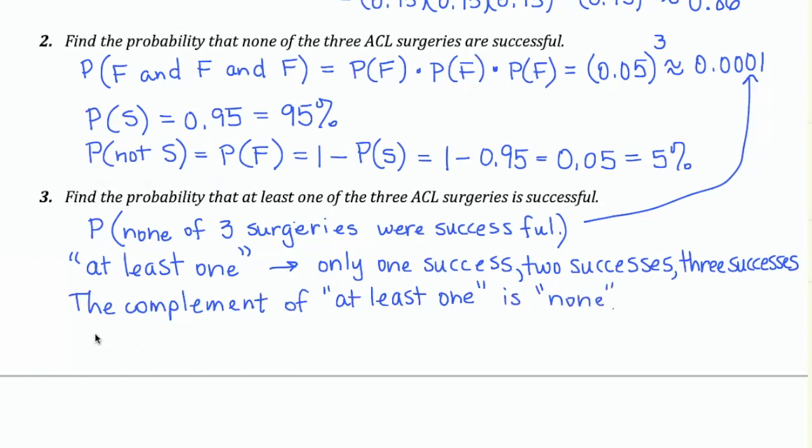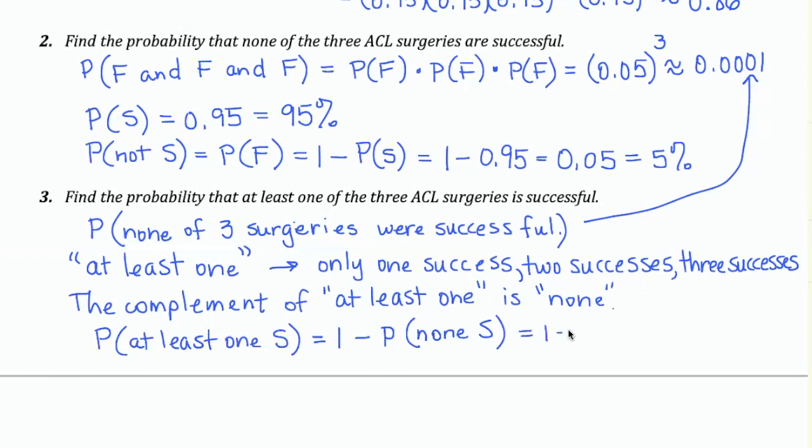So if we want to find the probability of at least one success, our rule for complement says we can do 1 minus the probability of the complement, which is the probability that none are successes.